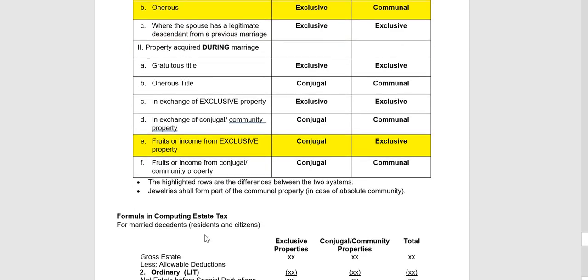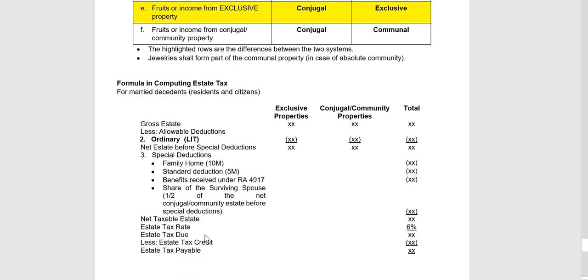Okay? Now, this is the formula for computing estate tax of a married resident. We split the gross estate into exclusive properties and conjugal or community property. Then you have the allowable deductions. As a rule, if the deduction pertains to the exclusive property, you deduct it from the exclusive property. If it pertains to the conjugal or communal property, you deduct it from the conjugal or communal property.